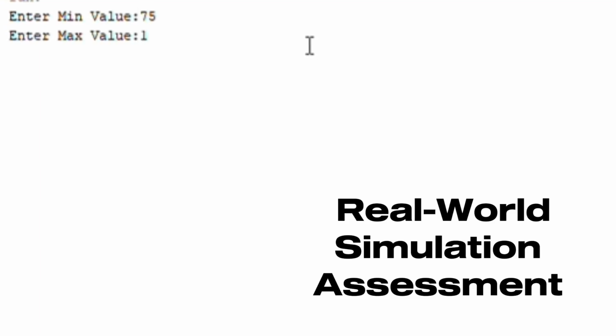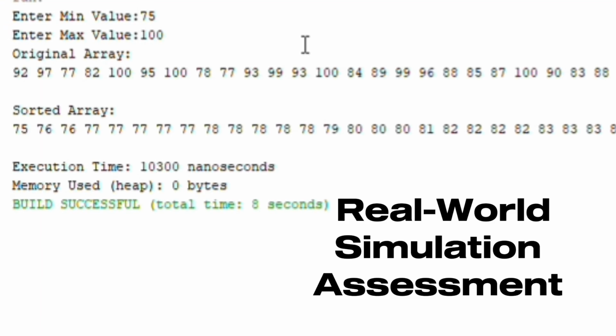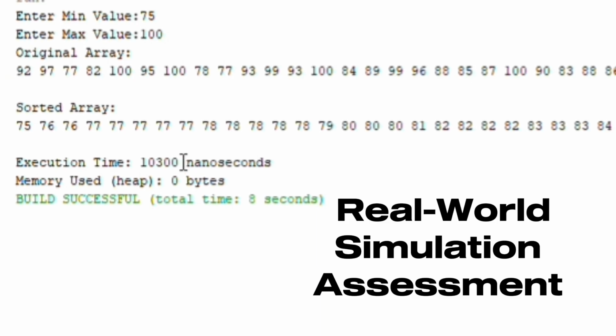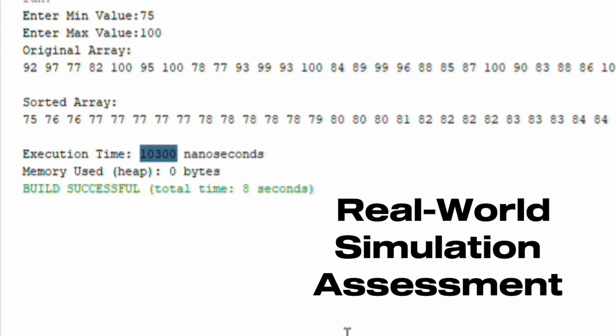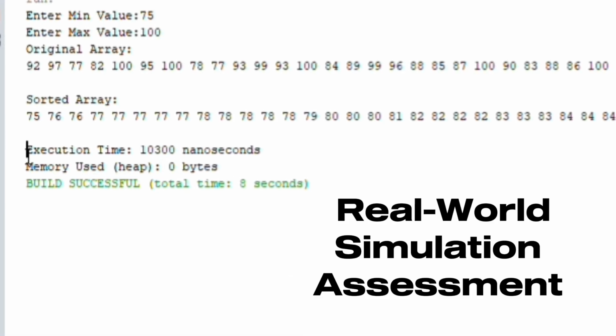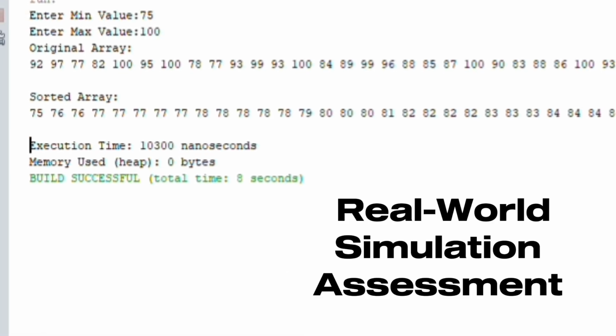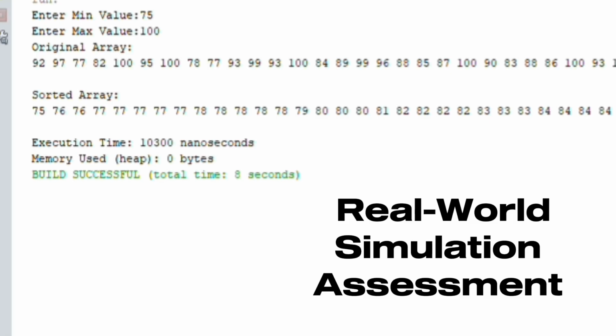We enter scores from 75 to 100, which are passing scores to perfect scores. The counting sort algorithm has an execution time of 10,300 nanoseconds and uses 0 bytes, which means that the counting sort algorithm performs well if the dataset has a fixed range.